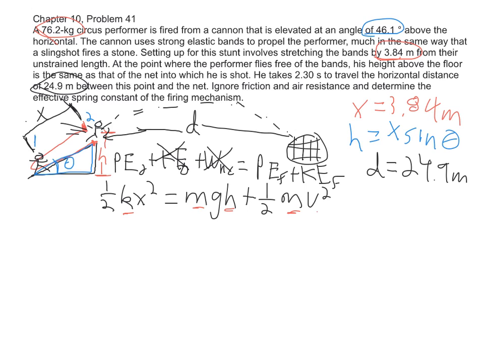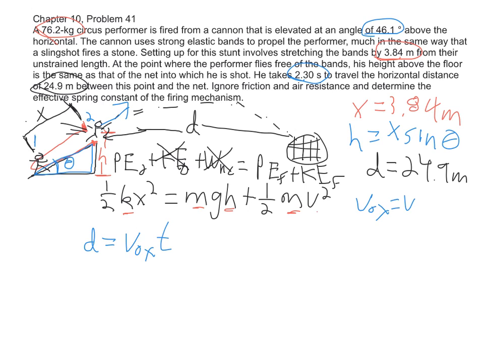We know that the x distance for a projectile, which we've called d, is going to be equal to the initial x distance, which is 0, plus v initial x multiplied by time. And if we notice, look, time is given to us. V initial, well, that's what we're trying to find, not just the x component, but the overall V initial. And we can observe that because he's taking off up at this angle, he's going to take off at the same angle as the ramp, theta.